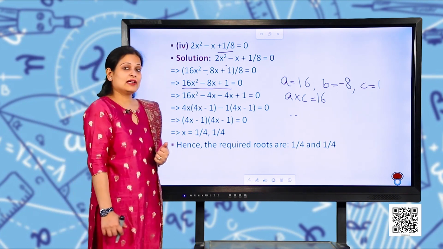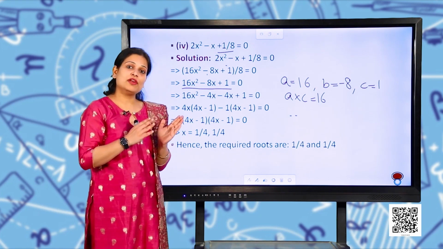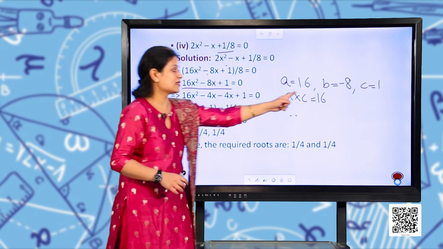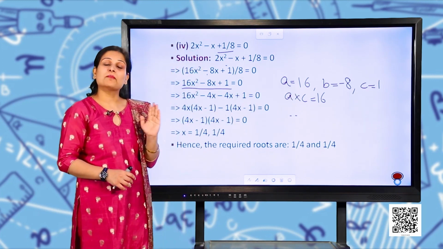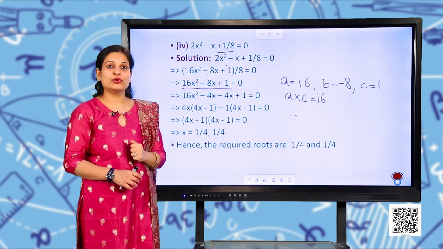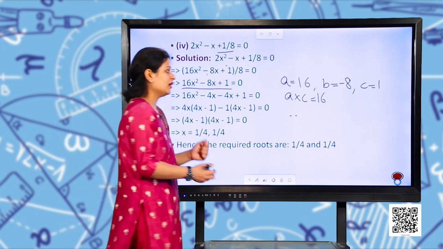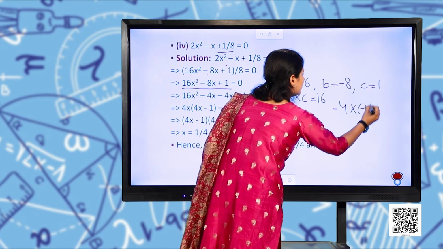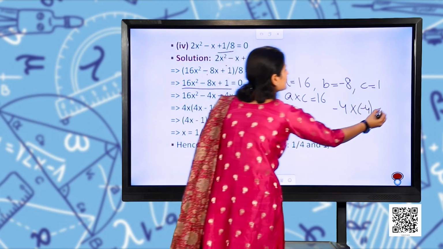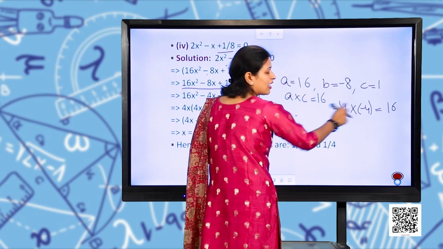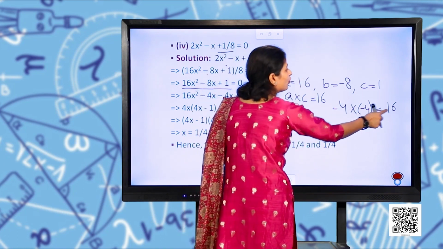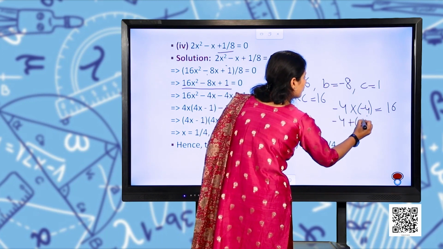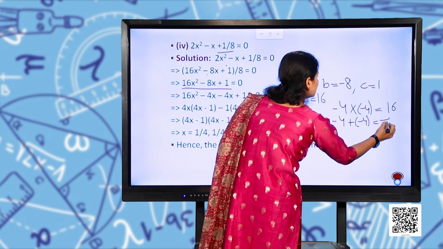So, basically when you multiply minus 4 by minus 4, you will get 16, and when you add minus 4 plus minus 4, you will get minus 8. Look, minus 4 into minus 4 you will get 16, because negative negative will become positive, and 4 into 4 is 16, and minus 4 plus minus 4 is minus 8.